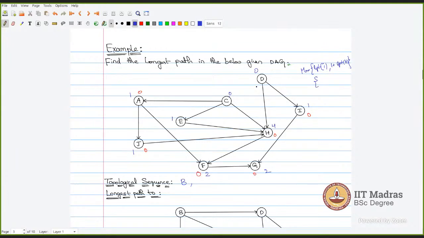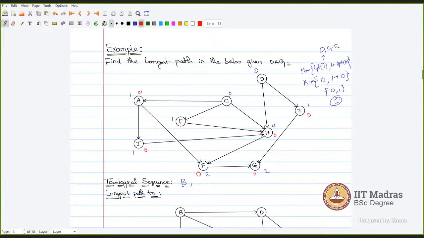All the red numbers of D, C, E are 0, and 1 plus longest path to B is also 0 plus 1. So here I can take the vertex D, C, E, anything. For any of them, it will be max of 0, 1 plus 0, which will be 1. Now the red number needs to be updated to 1 for every vertex C, D, E.